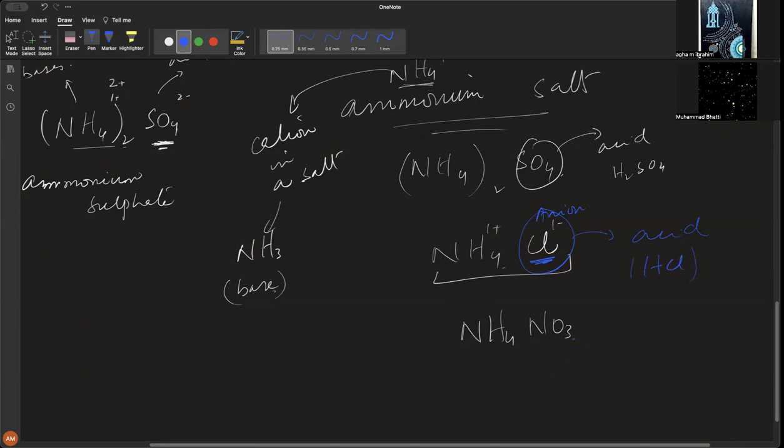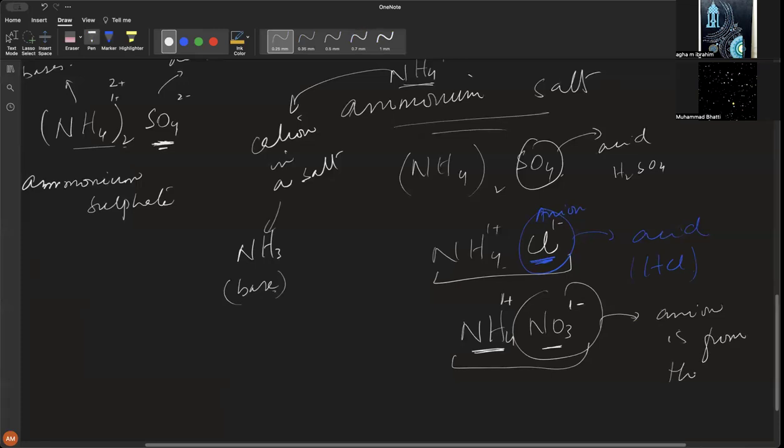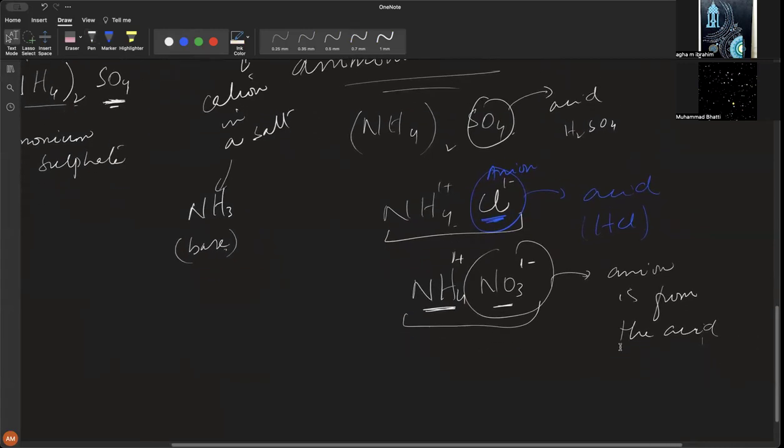Every salt has an anion and a cation. This is the cation that it has, this is the anion that it has. We know that every anion is from the acid. So what do you think this anion would be coming from? It is going to be nitric acid, HNO3. Do you get it?